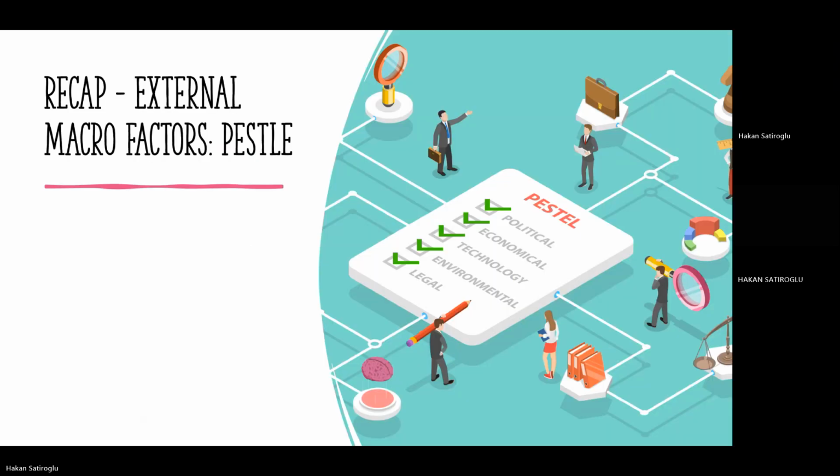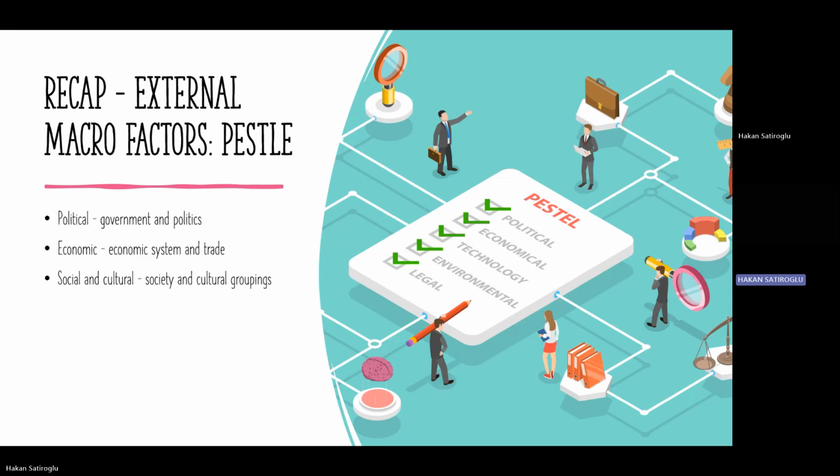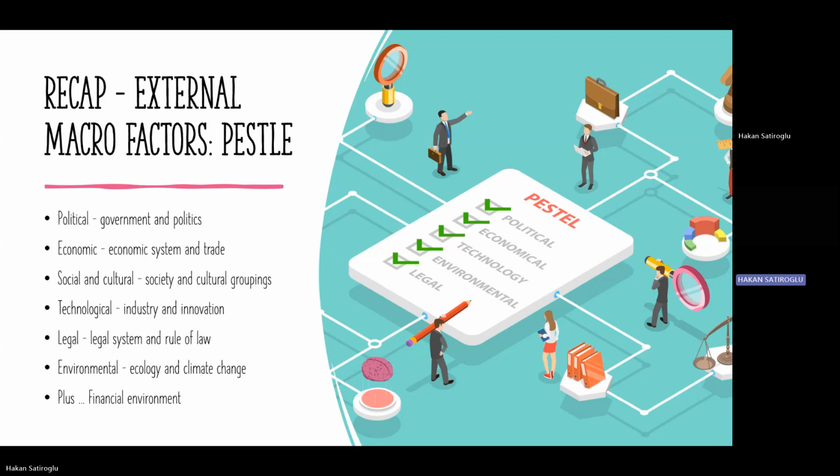So, recap: external factors, again macro factors, which we specify using political, meaning governments and politics; economic, meaning economic system and trade; social and cultural, meaning society and cultural grouping; technological, meaning industry and innovation; legal, meaning legal system and rule of law; and environmental, meaning ecology and climate change, and plus maybe the financial environment.